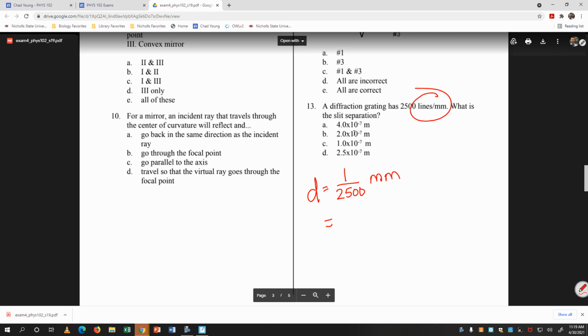That's 0.04 times 10 to the minus 4 millimeters. But then I'll need to convert that into meters, 10 to the minus 7 meters. All right, so A is the right answer.